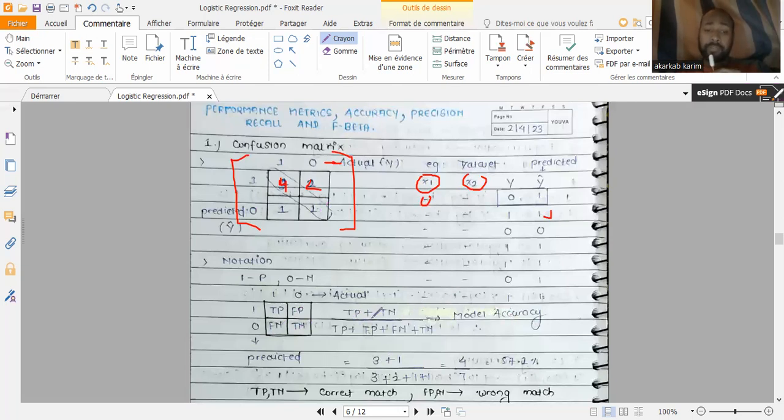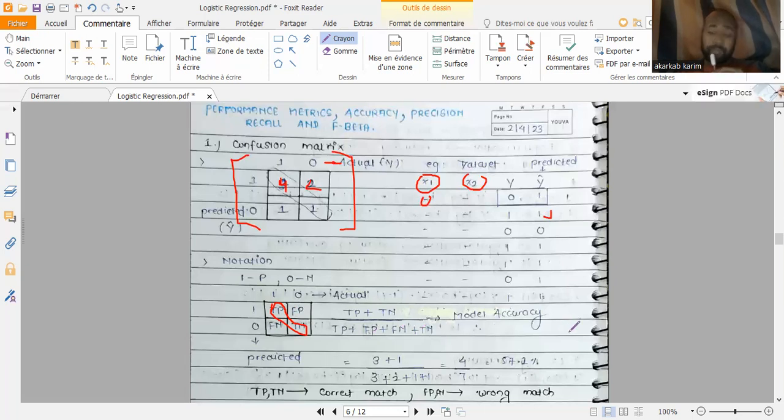True positive plus true negative, divided by true positive plus false positive plus false negative plus true negative.